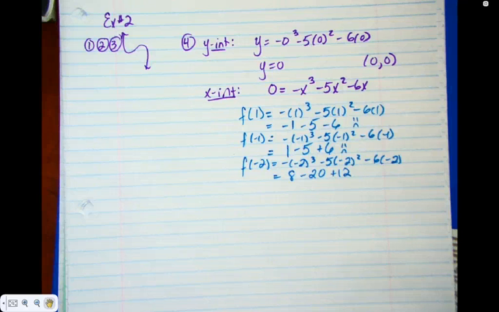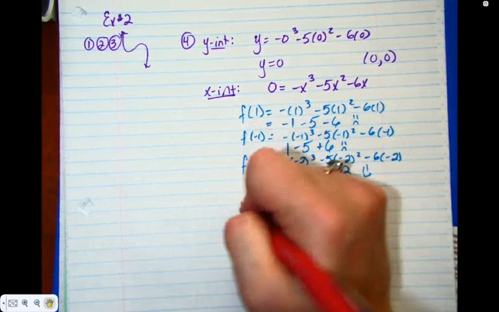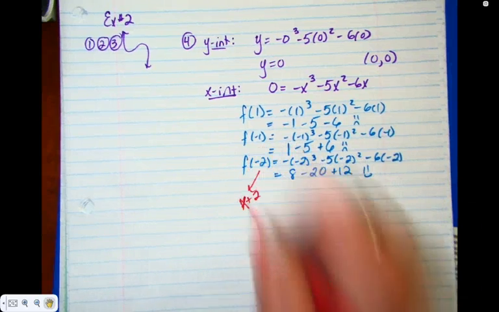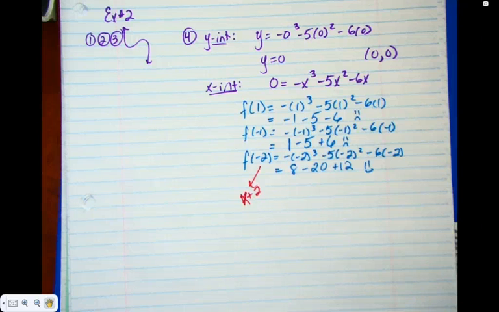I heard some excitement in that 12, because what do you see? Yay, happy face. Again, like I explained before, I like to write the factor here just so at the end we don't forget him. Because if you forget him, you've forgotten an x-intercept, and that's obviously really important to the graph. So I like to just have him hang out there so I remember he's there.